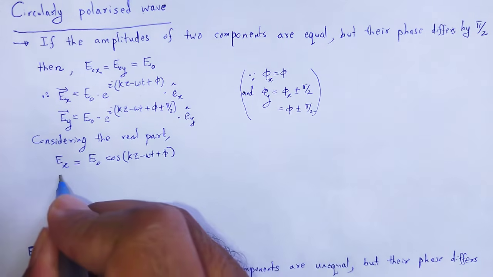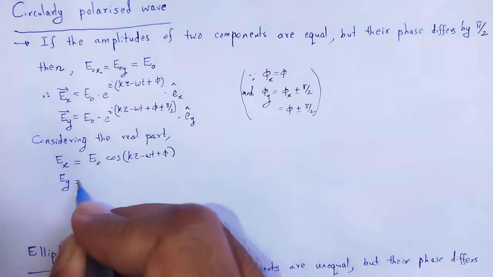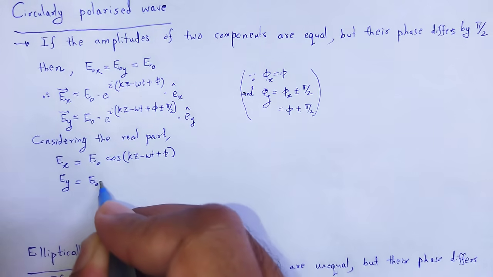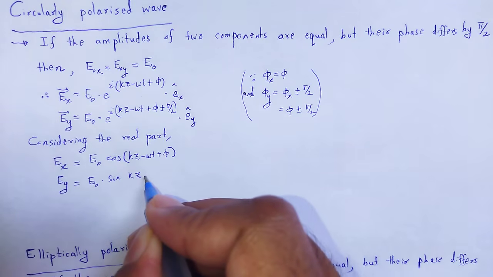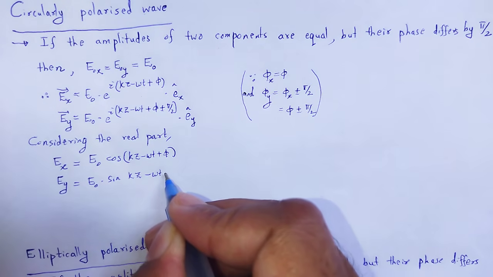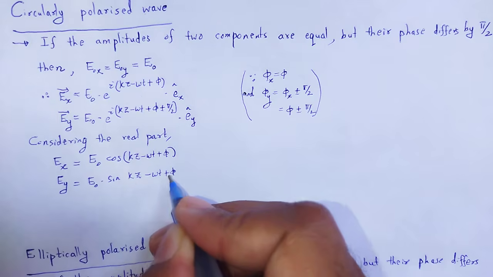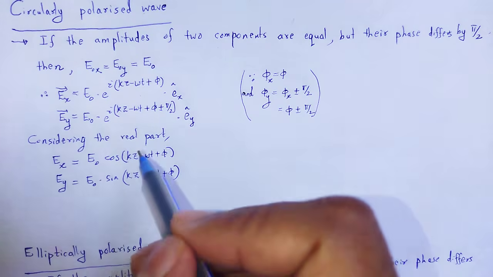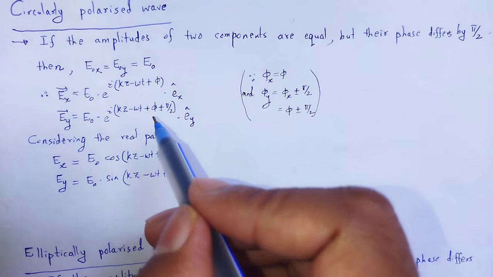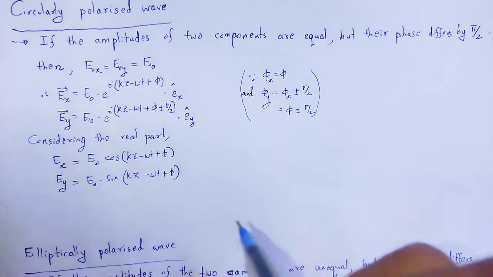Therefore, we write E y as E naught sin (k z minus omega t plus phi).